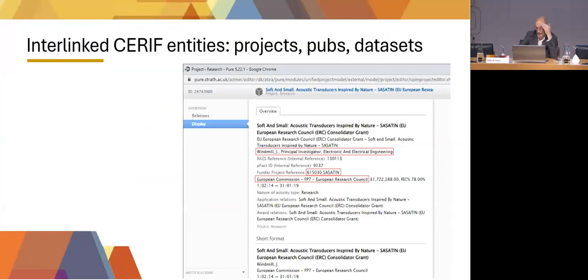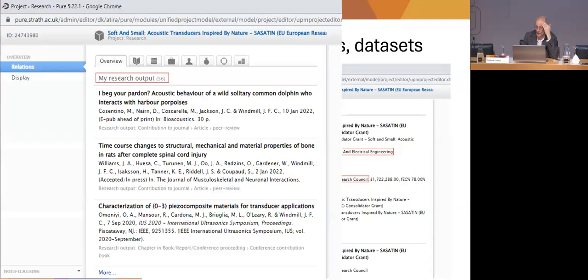This is an example for the interlinking of the CERIF entities, in this case projects. We're pulling the thread of the project. This is a Horizon 2020 project in electronic engineering. You have the project information there, including the budget, including the research partners, and then you can check the publications in the CRIS that the researchers have created. As a rule, upon acceptance, typically, or even before, there are 56 papers.